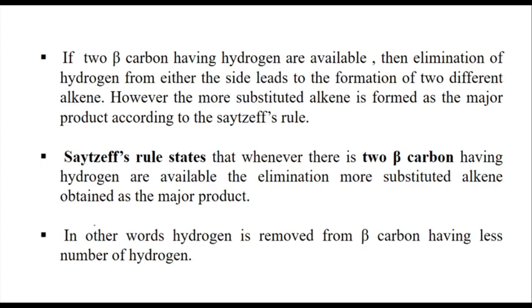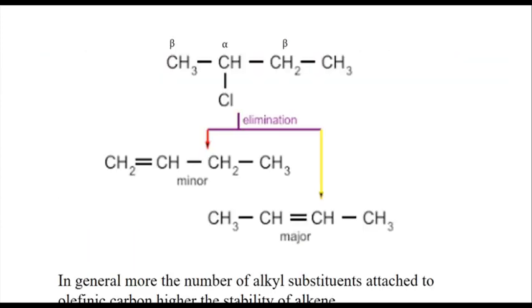Okay, Saytzeff rule states that whenever there are two beta carbons having hydrogen, then elimination gives the more substituted alkene as the major product, or in other words, the hydrogen is removed from the beta carbon having less number of hydrogen. Okay, so for example here it's a 2-chlorobutane.